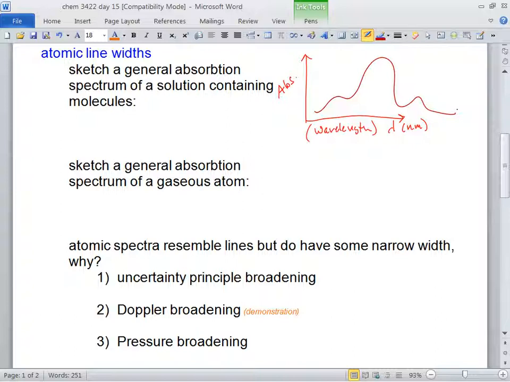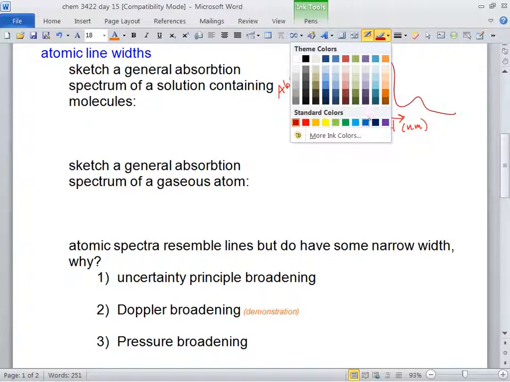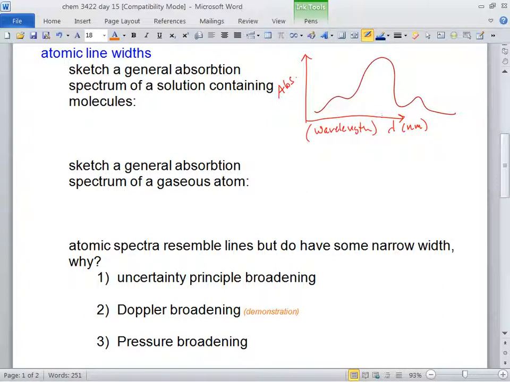Sketch a general absorption spectrum of a gaseous atom. Okay, so if we could do this, you put it in the UV-vis. My axis labels will be what again? Y-axis is absorbance, wavelength, or nanometers or something. Okay. And then the absorption spectrum, you would draw what?